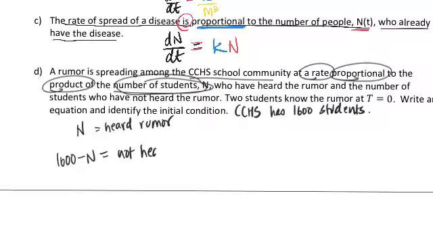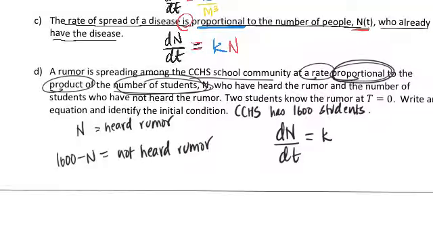So we need to be able to realize that. And then we can write our differential equation. The rate of spread means how fast is n growing, right? The number who have heard it. So dn dt is equal to the proportionality constant, and then the product of n times 1,600 minus n.